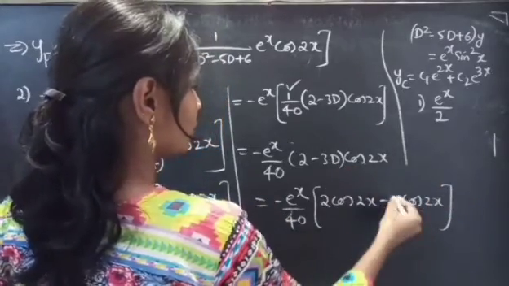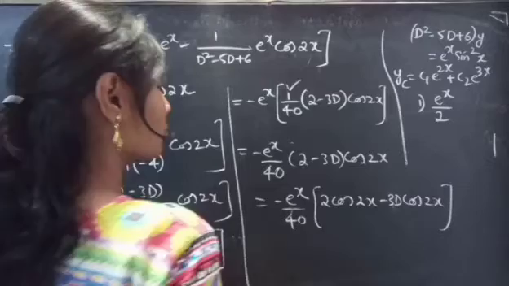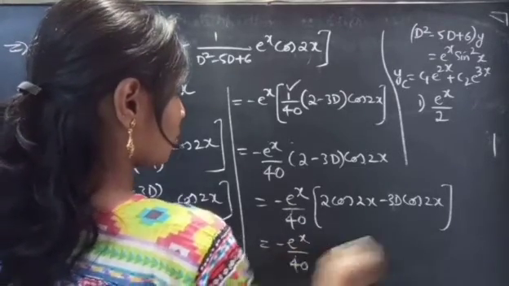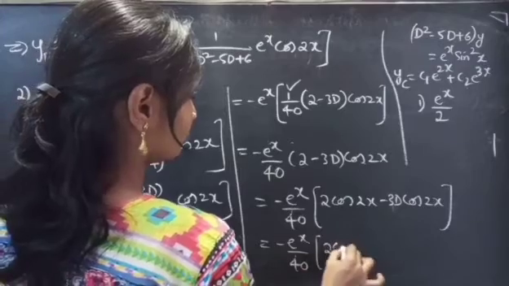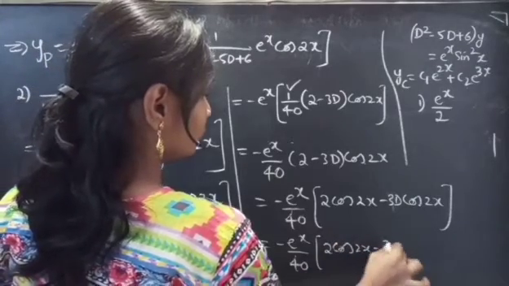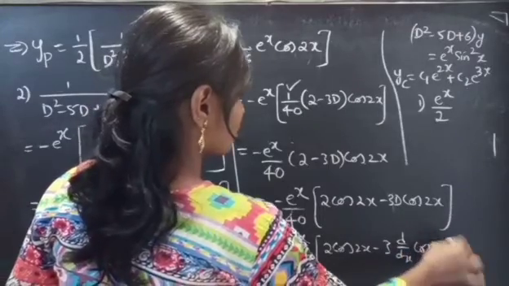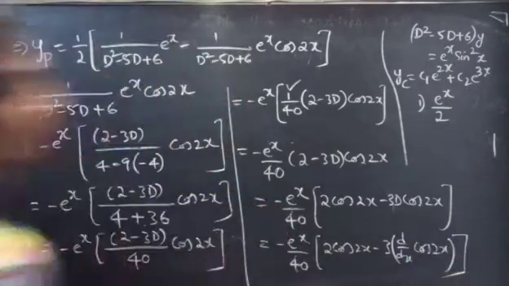We have d here. D is nothing but the differential operator. So we need to find the derivative of cos 2x, d by dx of cos 2x.